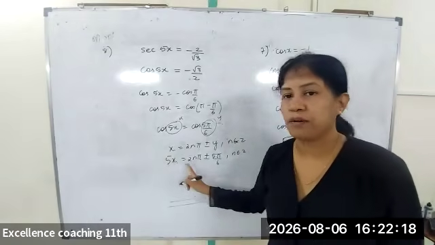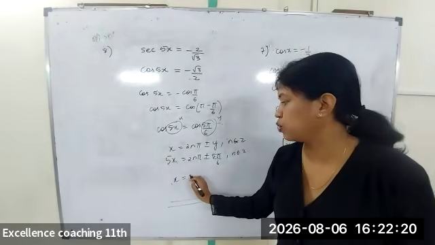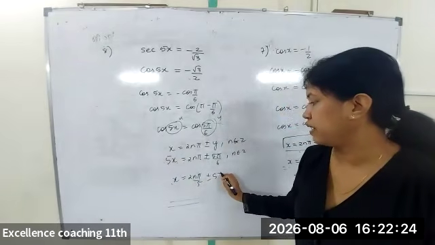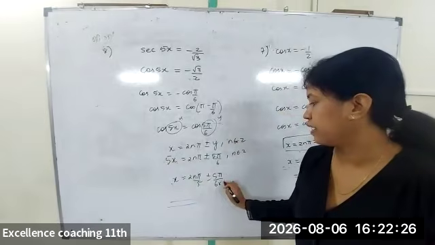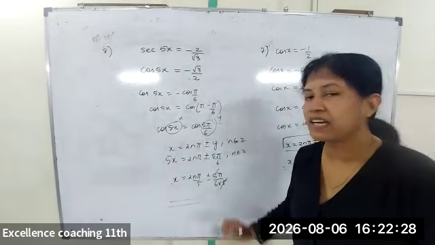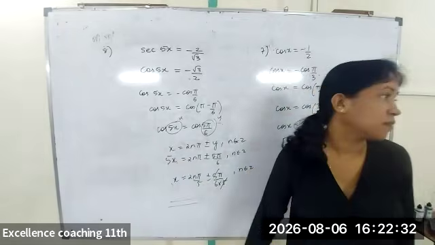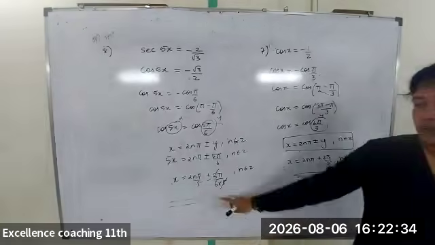Now this 5 will come down to both the places. So it will be 2n pi by 5 plus or minus 5 pi by 6 into 5. 5 and 5 will cancel. This will be the answer.